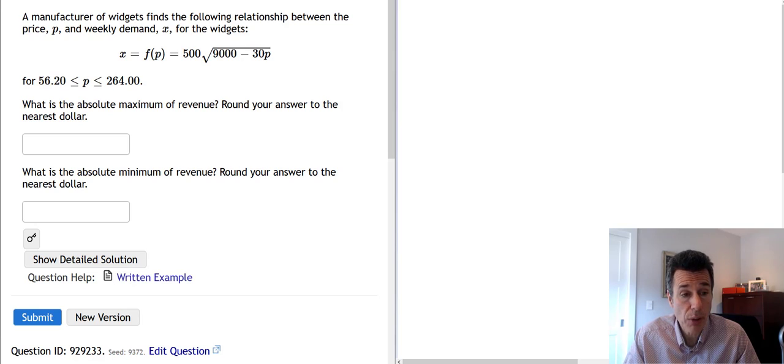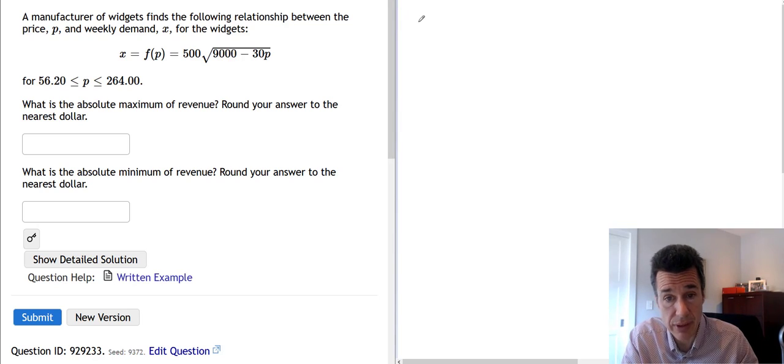And then we evaluate revenue at 56.2, any critical numbers in that domain, and 264. The largest revenue is the absolute maximum, and the smallest revenue is the absolute minimum. So again, find the revenue equation, find critical numbers of the revenue equation, and then evaluate that revenue equation.